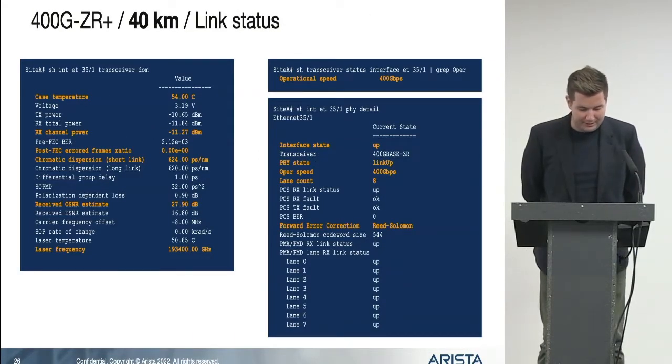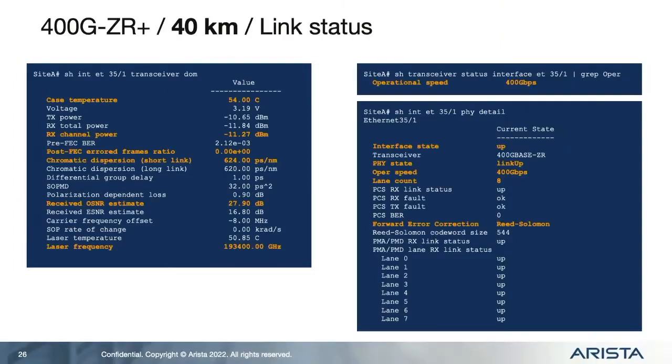So, what does this look like? Well, the good news is we seem to have a link up, which is always a good start. Case temperature, 54 degrees, so hot. Still probably don't want to be touching that with my bare hands. Received channel power is looking okay, minus 11 dBm. 0 post-FEC error frames, which is always what we want to see.